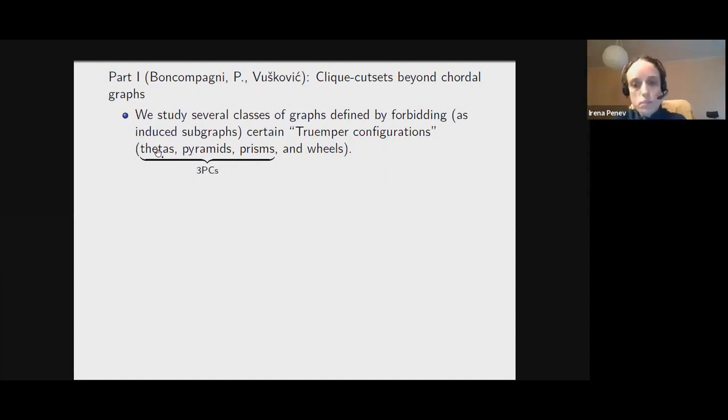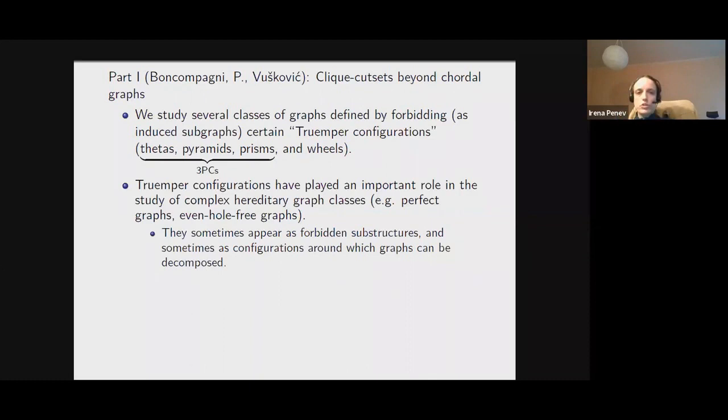But before I do that, I just wanted to mention that Truemper configurations have played an important role in the study of a variety of complex hereditary graph classes. For example, perfect graphs, even hole free graphs, and others. Sometimes they appear as forbidden substructures, so you can't have them as induced subgraphs.